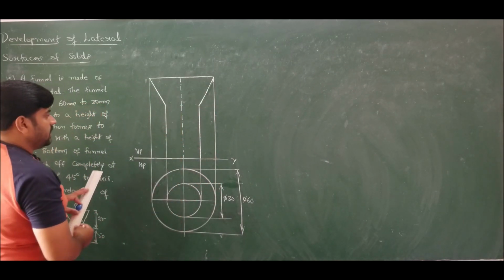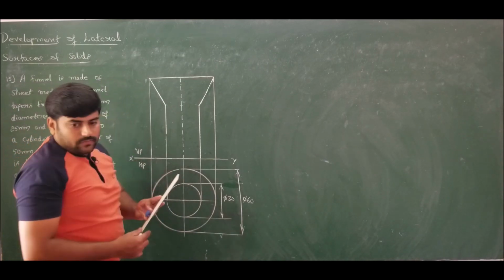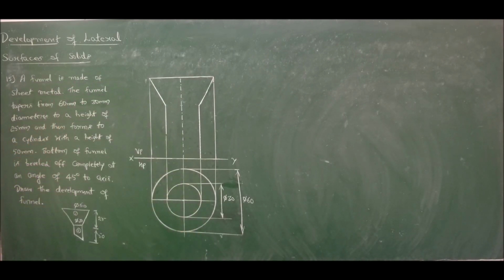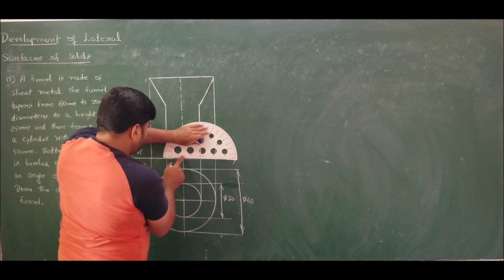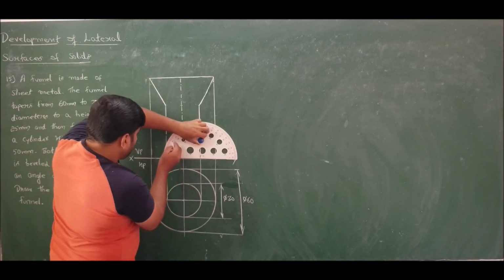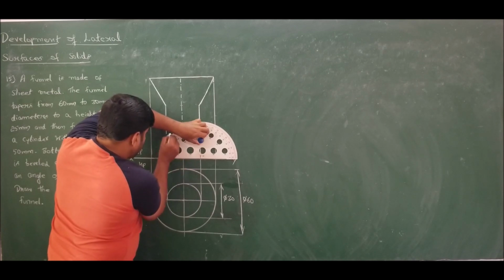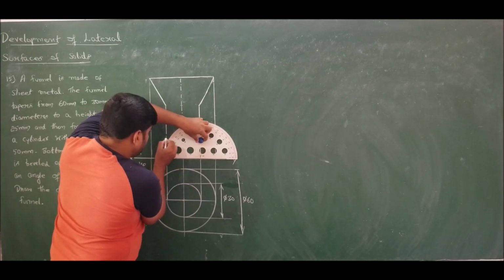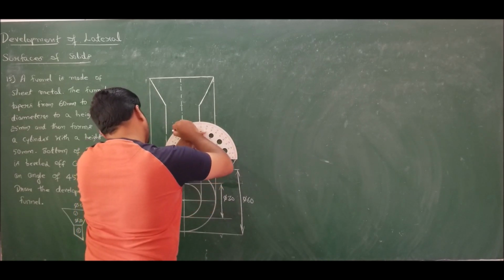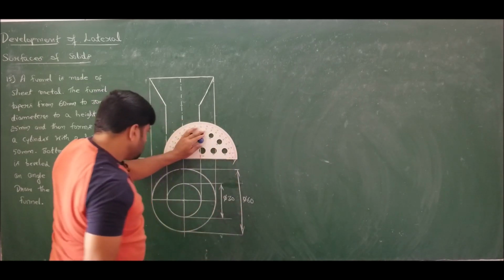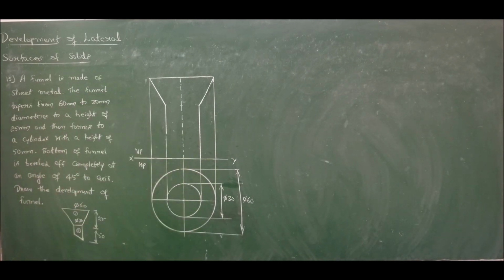Clear? So this is the given problem. We have a beveled truncated section of the cylinder at an angle of 45 degrees. So measure 45 degrees measured from the corner.